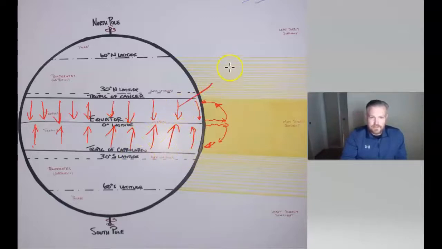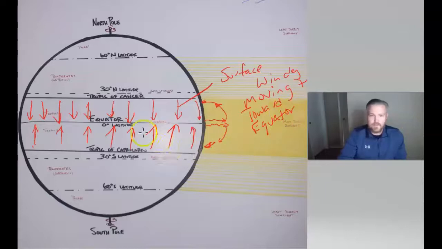So these would be surface winds here. And those would be moving toward the equator. Right? So this way up here would be our upper level winds.